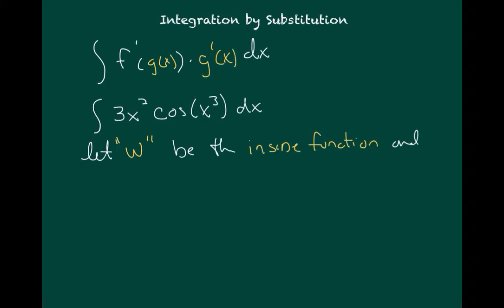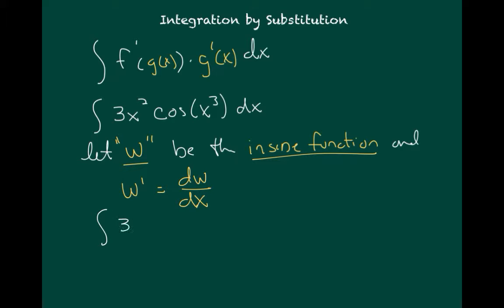So just so we're kind of talking the same language, I want you to start letting w be the inside function, and w prime will equal dw/dx. So we can rewrite our function this way.